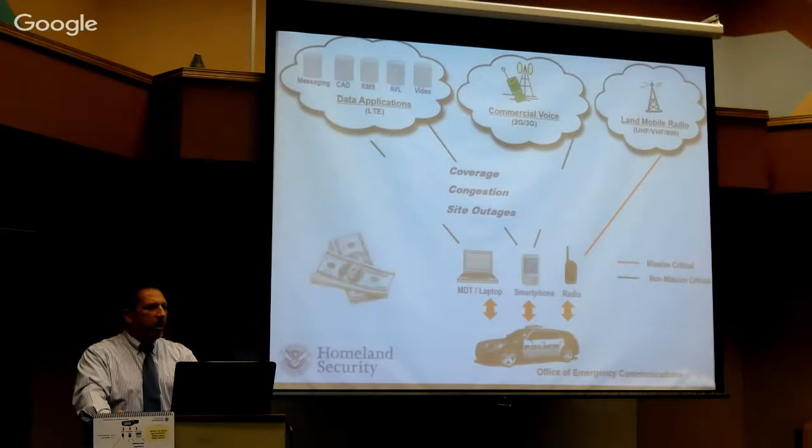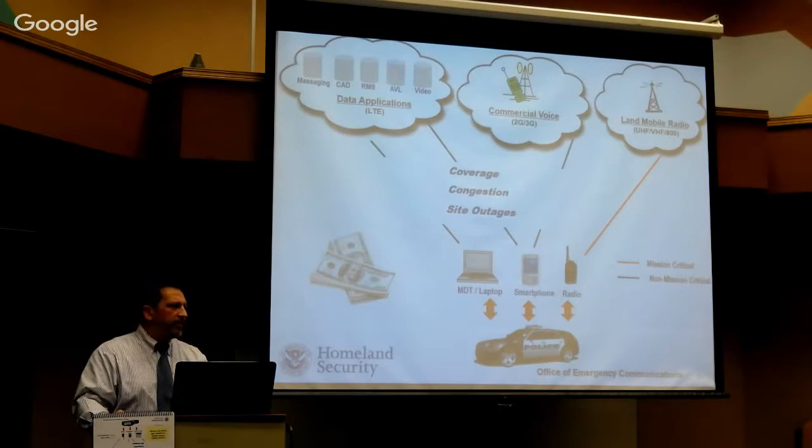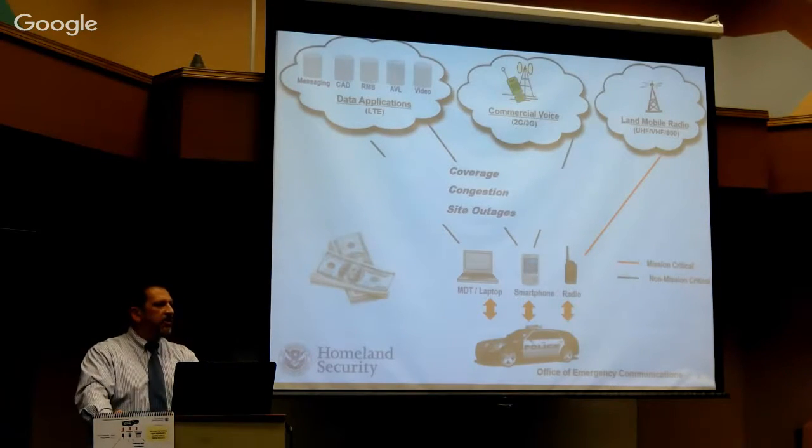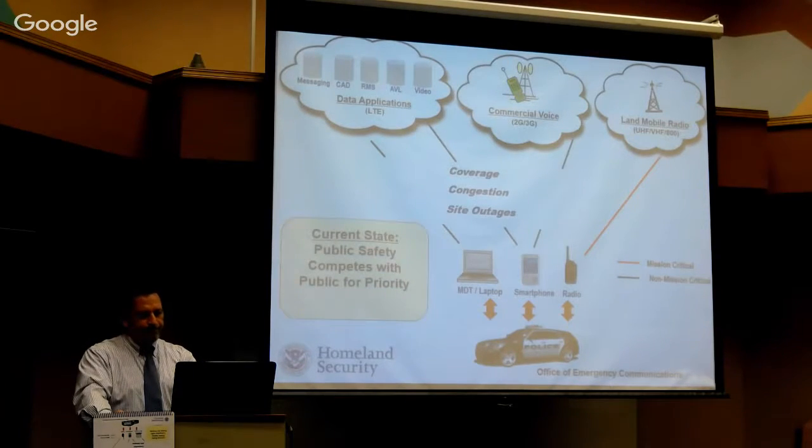So when your officers and firefighters respond in the field, if they respond to an area that's very rural, they're probably not going to have very good commercial coverage. So right now, the current state is land mobile radio is the only mission critical network. The other commercial voice and data is not mission critical. So that's our current state.